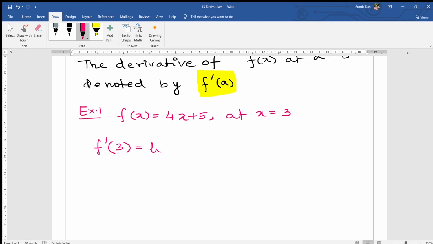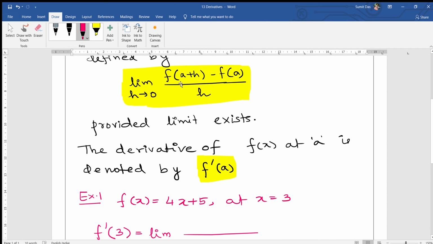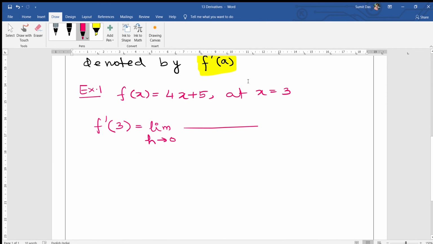Our formula is limit h tends to 0, f of a plus h minus f of a, divided by h. What is a here? Here a is 3.